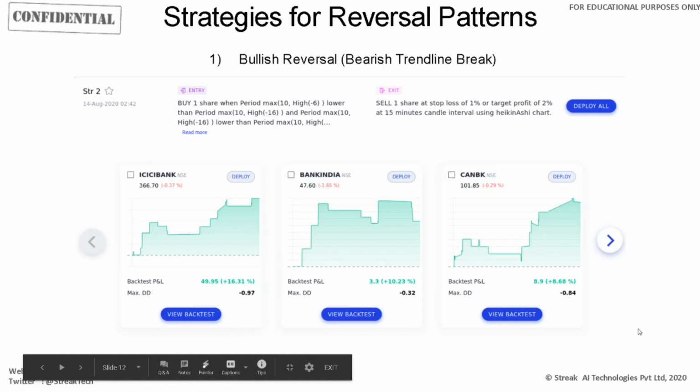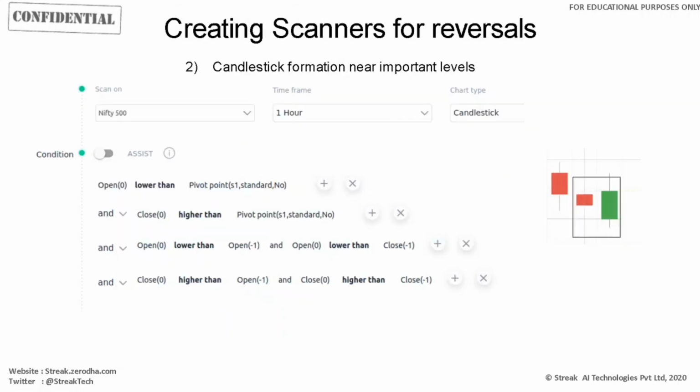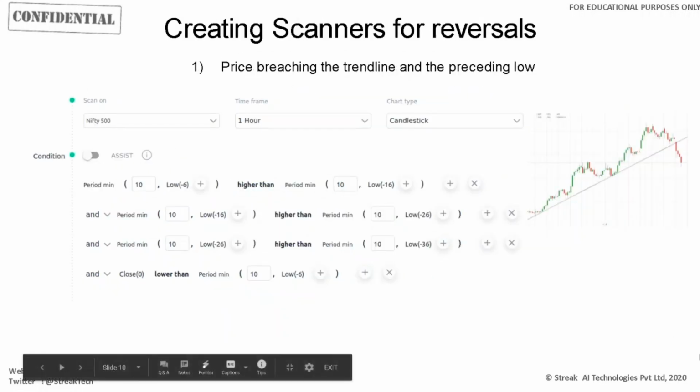Moving on, let's understand how we can create strategies that can take full advantage of such reversals in the market. We are going to be creating a bullish reversal strategy, in a similar way to one of our prior scanners. In one of our prior scanners, we were trying to define an uptrend, which is characterized by higher lows.